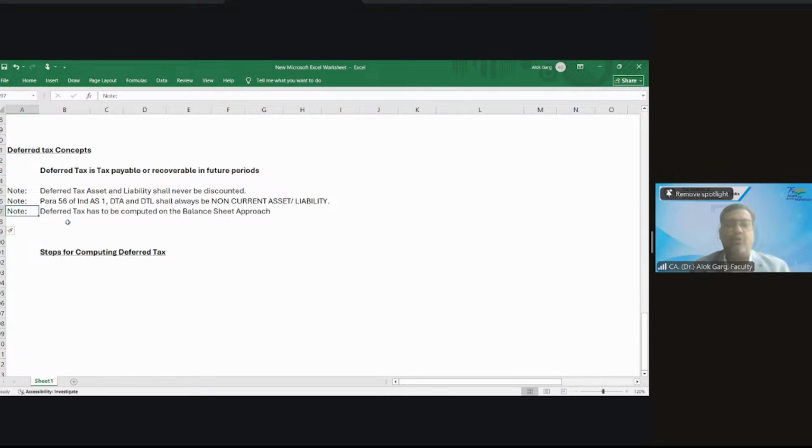Note, deferred tax has to be computed on the temporary differences. The word in Ind AS is temporary difference, not timing difference.